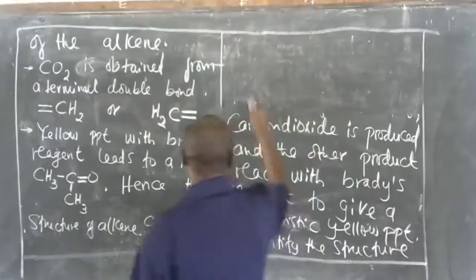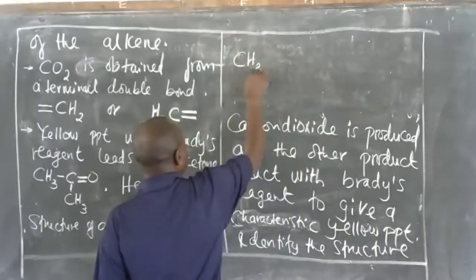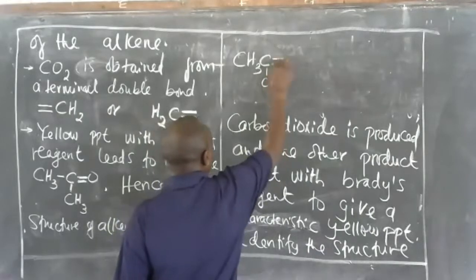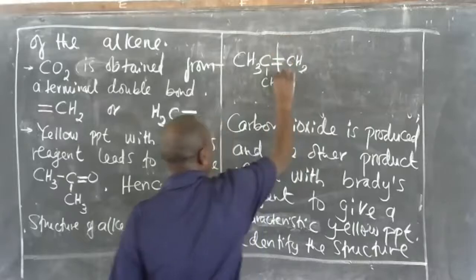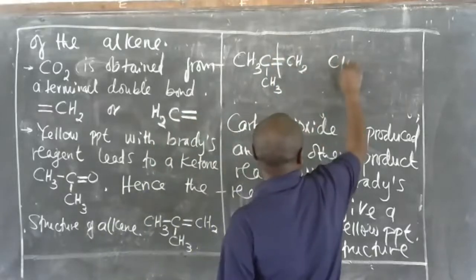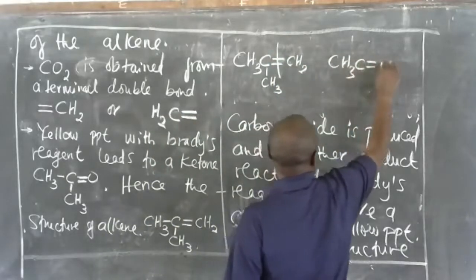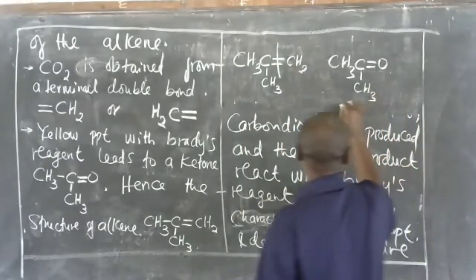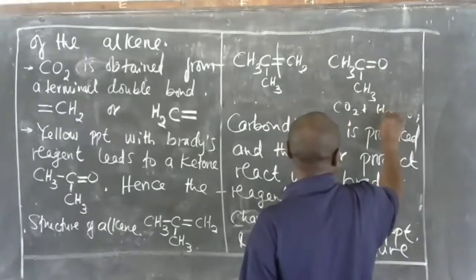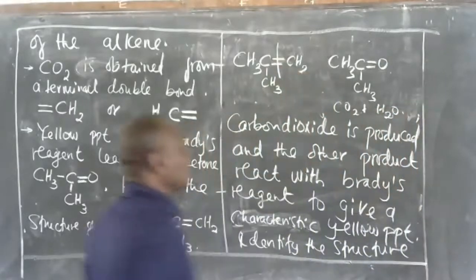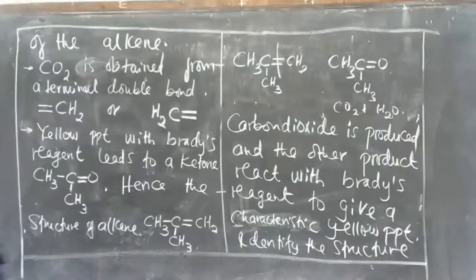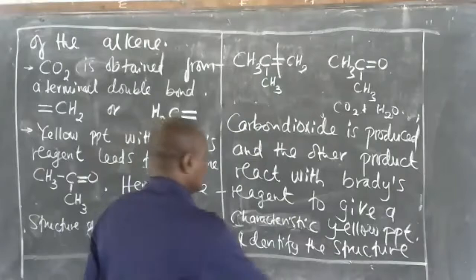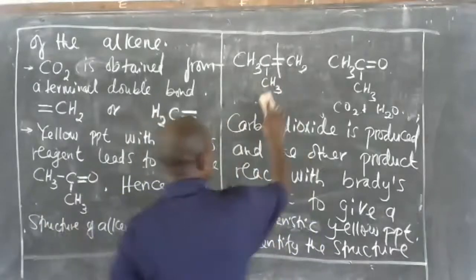You remember, we said that when you have CH3, CH3 double bond, CH2 and you oxidize this one here, this one gives us CH3, C double bond, or CH3. Then this one gives us carbon dioxide plus water. So even if they don't give us water, we can come up with that. The moment you get carbon dioxide, then you must know that the other product must be water. Okay? So that's how you come up with the structure of the alkene.